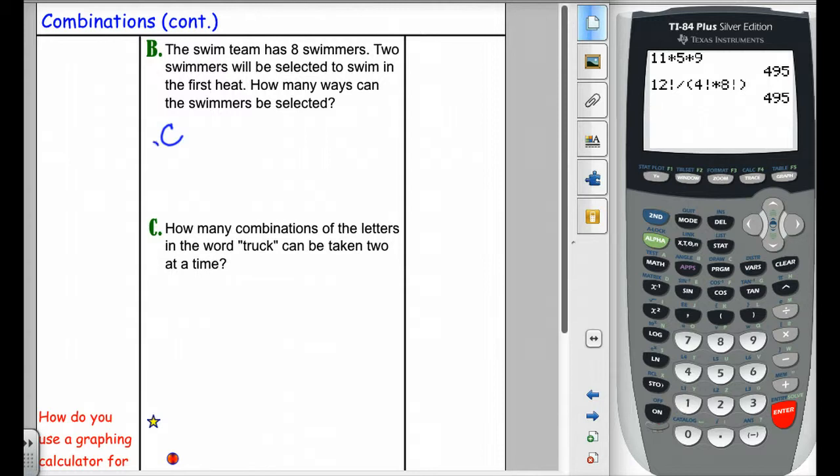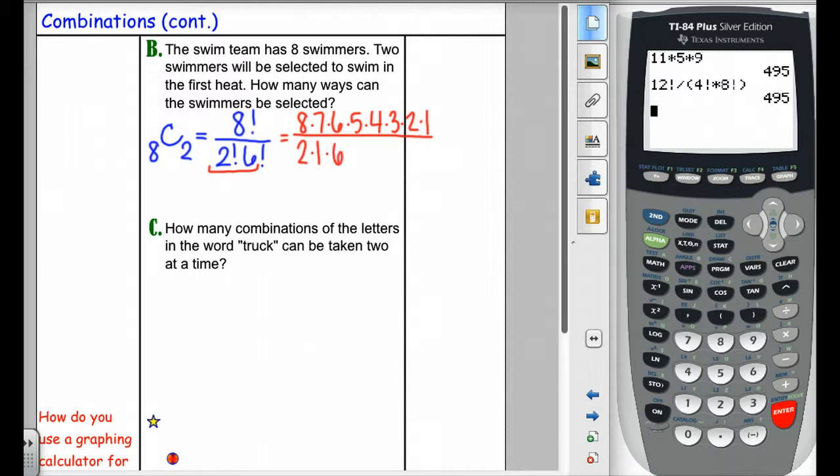So we have 8 swimmers, chosen 2 at a time, which will be 8 factorial divided by 2 factorial times 6 factorial. You can jump right away to 6 factorial, as long as these 2 numbers add up to your numerator. So this is 8 times 7 times 6 times 5 times 4 times 3 times 2 times 1, divided by 2 times 1 times 6 times 5 times 4 times 3 times 2 times 1.